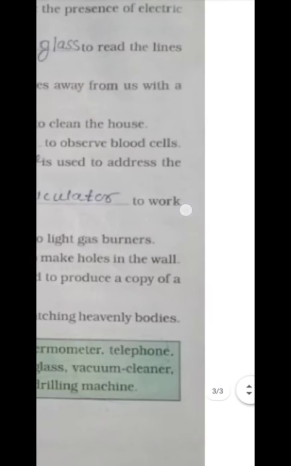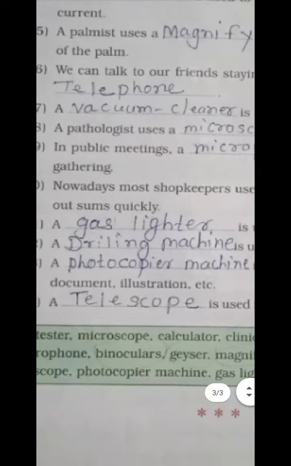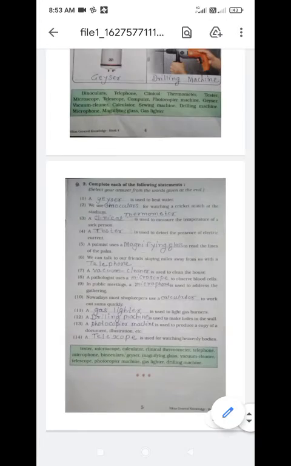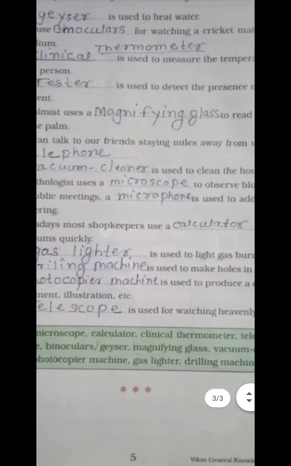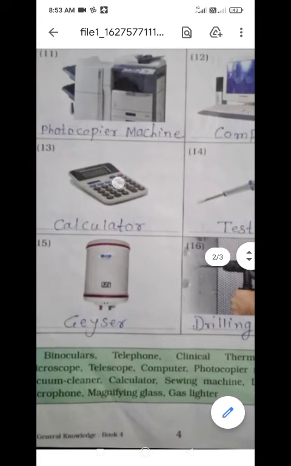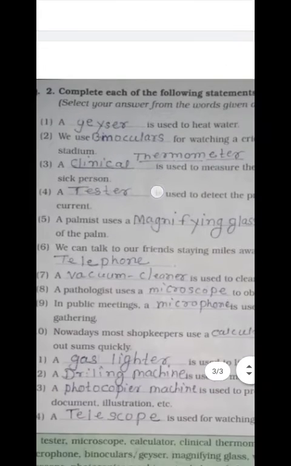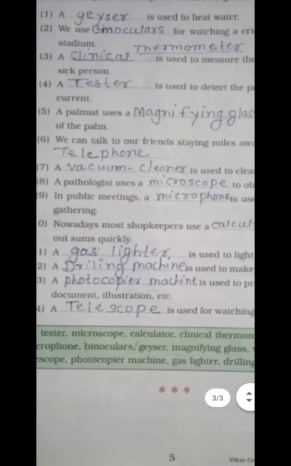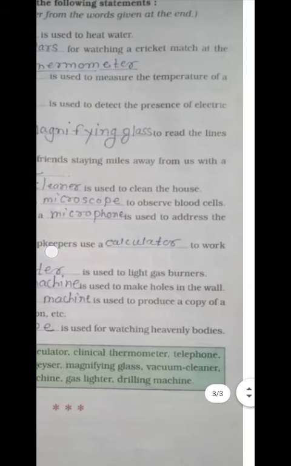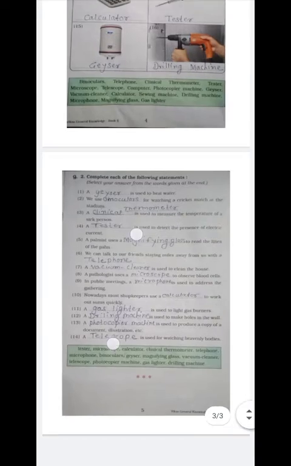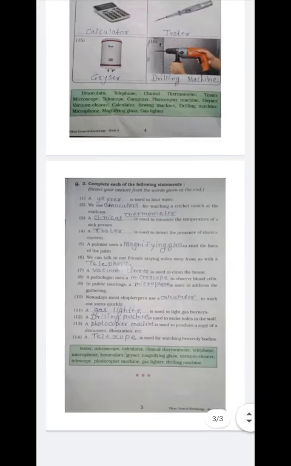Nowadays, most shopkeepers use a calculator to work out sums quickly.